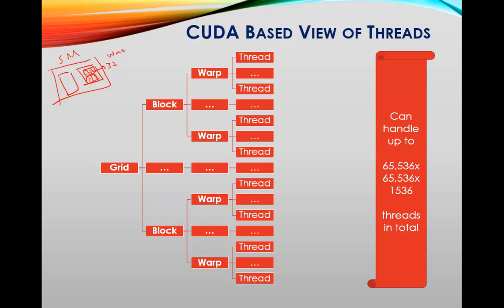So a warp is made of 32 threads, which means that when your streaming multiprocessor decides to run a thread, it compacts the threads in terms of their adjacency, wraps 32 of them in a warp, and then hands them over to the hardware to process them.